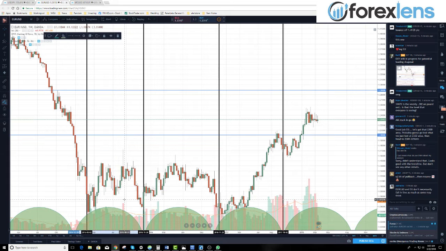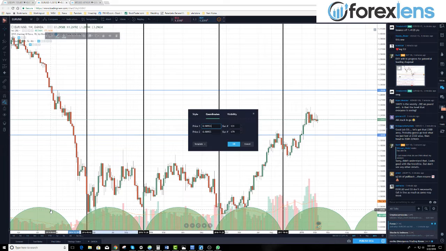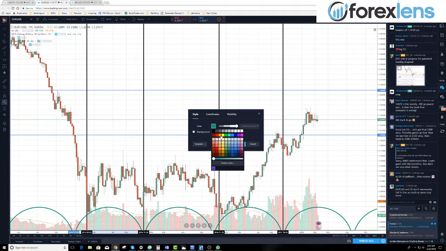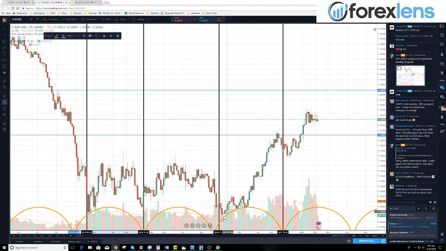Now I've got the weekly, and I'm looking for some further definition. Okay. So I'm going to, you know what? I want to take this. I don't want to do background in it. I just want to see those lines, and those are our monthlies.